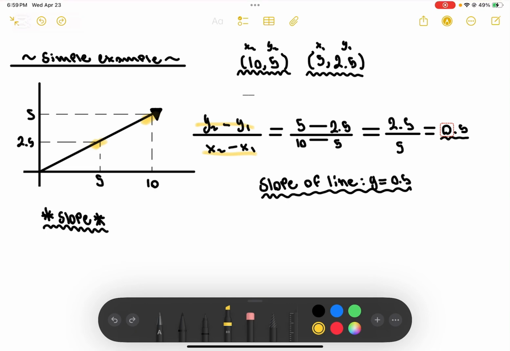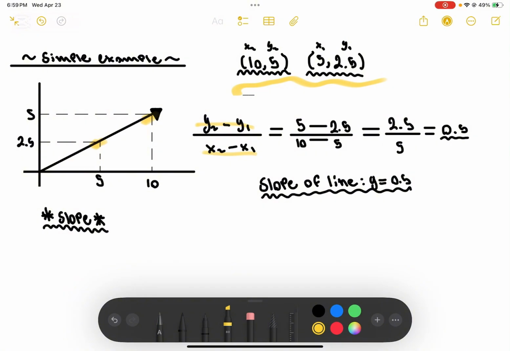So you're probably wondering, how did I get these points? Well, as mentioned, I picked 2 points in the graph which were most consistent, which were (10, 5) and (5, 2.5). And now we just put this into our formula of change in y over change in x.